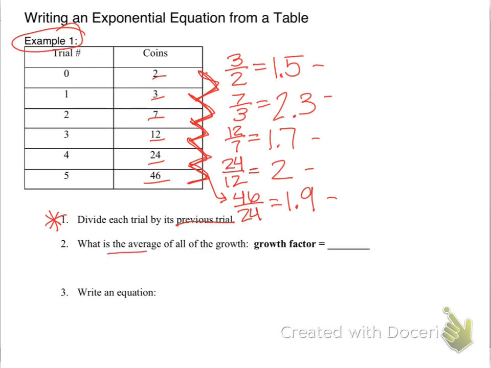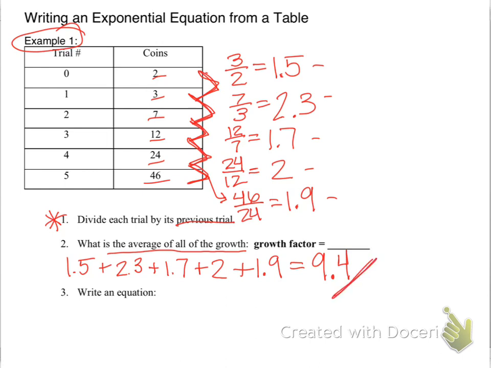So then if I want to find the average of all the growth, I got to add all these numbers up. So 1.5 plus 2.3 plus 1.7 plus 2 plus 1.9, which equals 9.4 as my total.